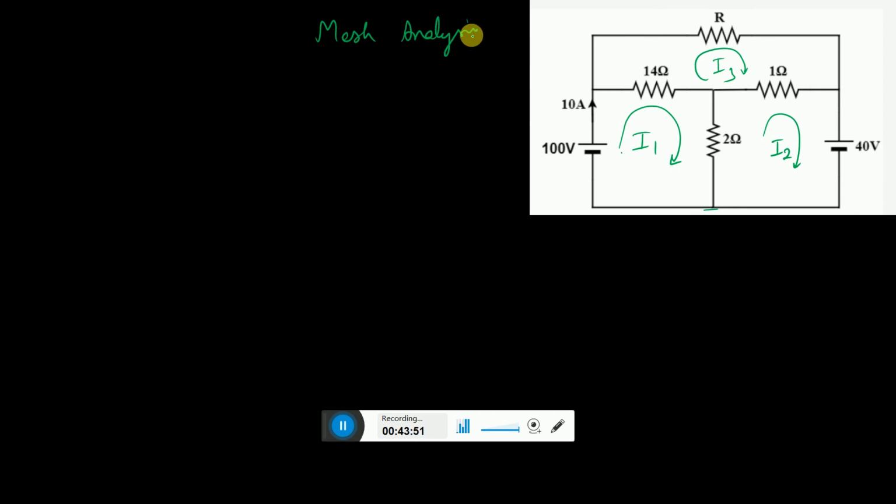Let us solve this using mesh analysis and see what result we get here. So let me use a trick to solve it quickly. If I write the equation for mesh 1, applying KVL and Ohm's law in mesh 1, first you encounter minus 100.